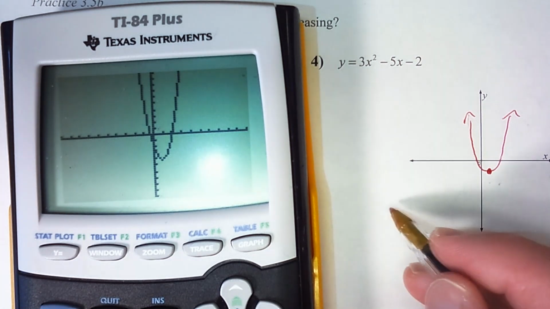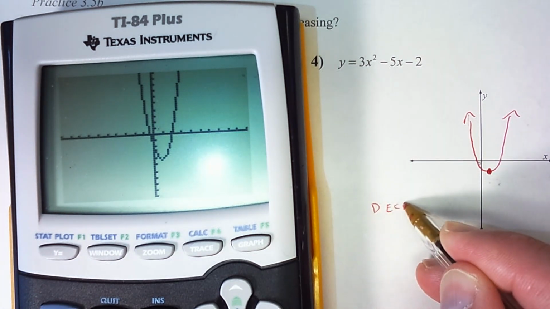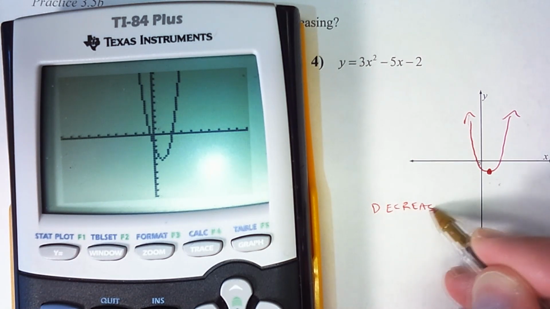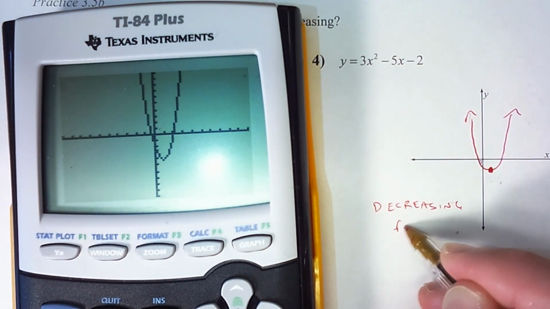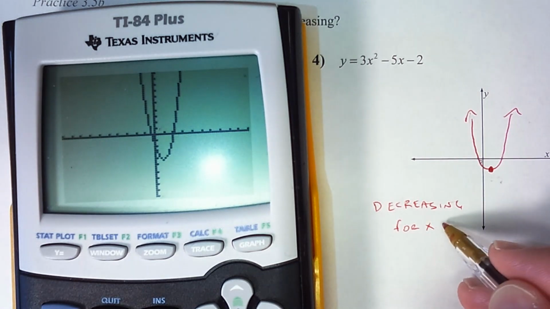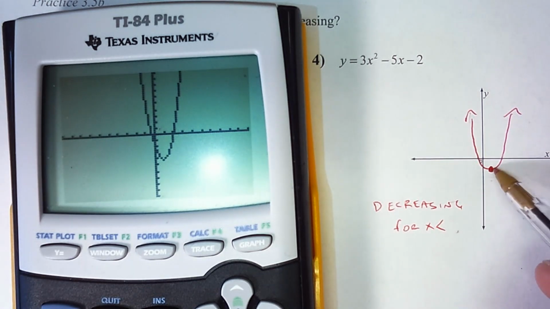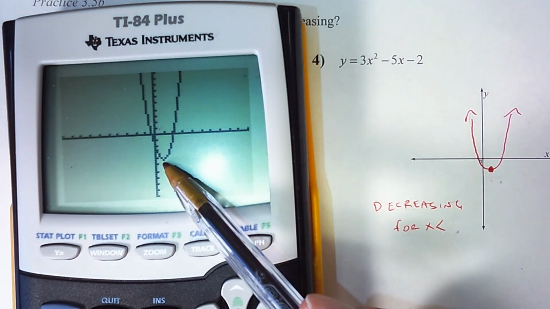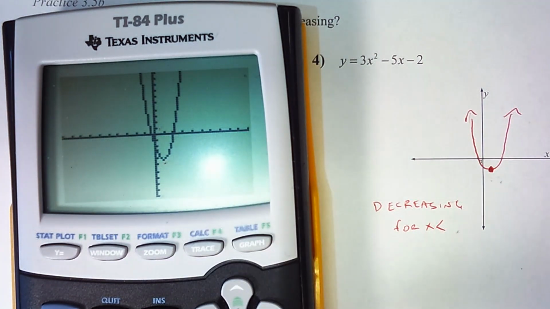Okay, so I would say it is decreasing for x's that are less than whatever this value is right here, this x value. So I need to find the x value of this minimum.